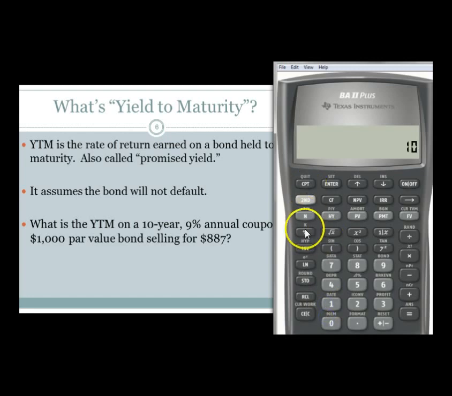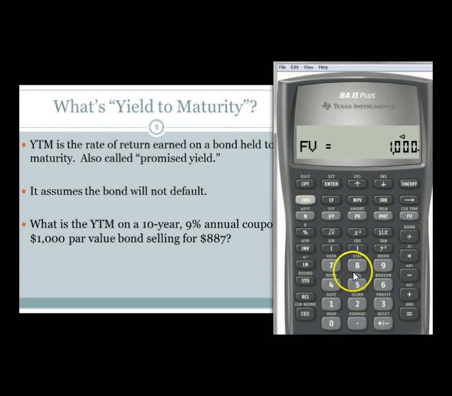So 10 is our N. The 9% annual coupon rate, multiplied by 1,000, gives the payment. So 9% would be 0.09 times 1,000. You need to see it like that. So $90 would be our coupon payment. The $1,000 par value, whoops, one too many zeros, is our future value.